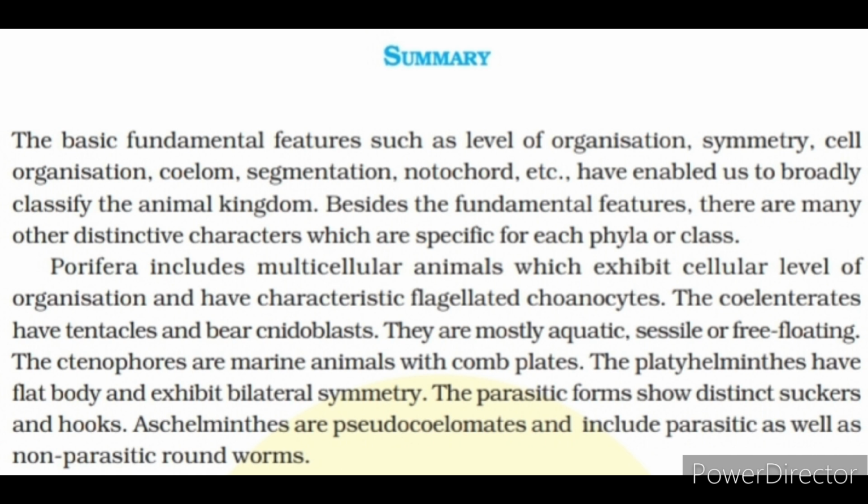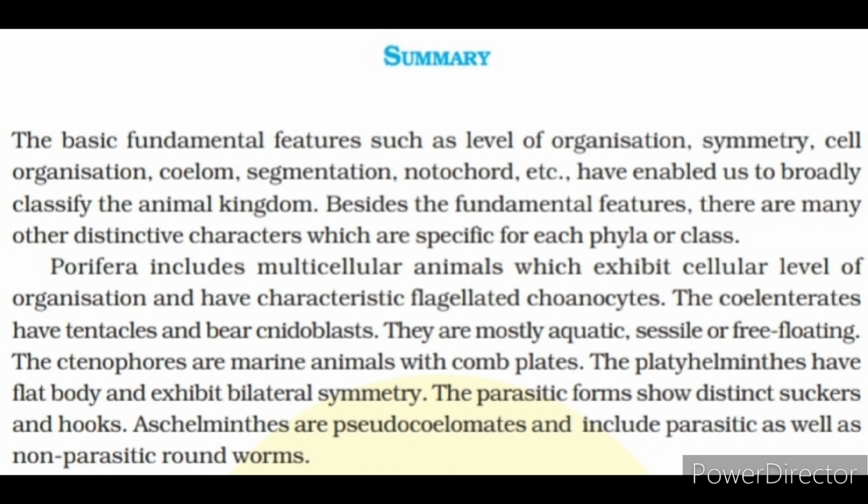Porifera includes multicellular animals which exhibit cellular level of organisation and have characteristic flagellated choanocytes. The coelenterates have tentacles and bear cnidoblasts. They are mostly aquatic, sessile or free-floating. The ctenophores are marine animals with comb plates.